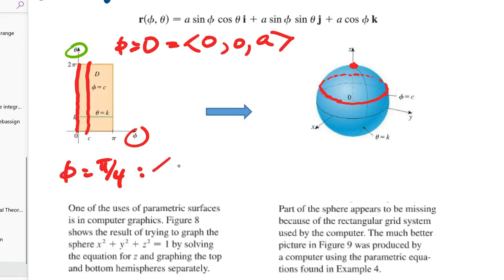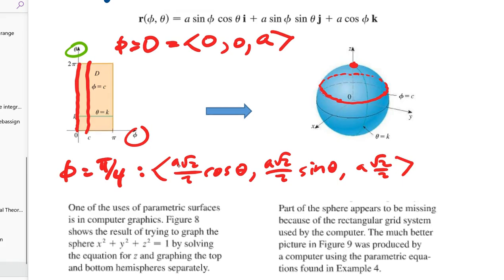All right, so what we would get is a, okay, so phi is pi over 4, a root 2 over 2 cosine theta, a root 2 over 2 sine of theta, and then a root 2 over 2.